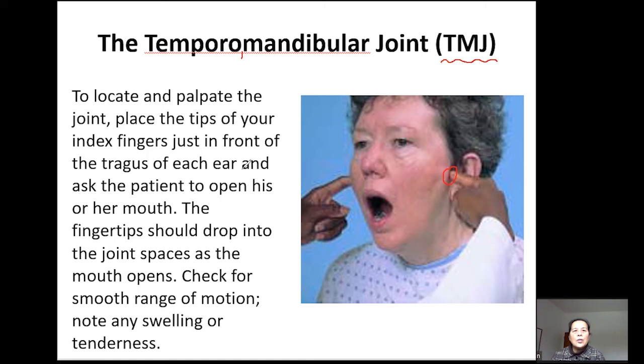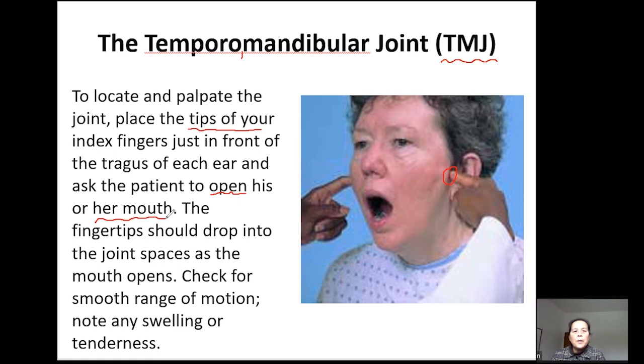When we check these joints, we can put our fingers there and ask the patient to open the mouth. Then we can feel the joints moving under the fingers when the mouth opens.